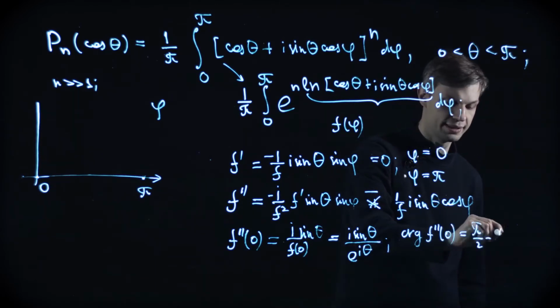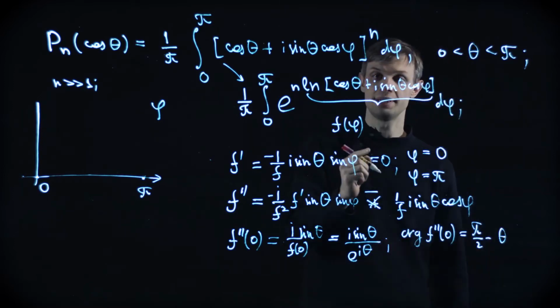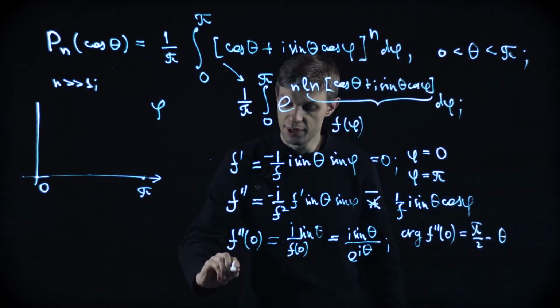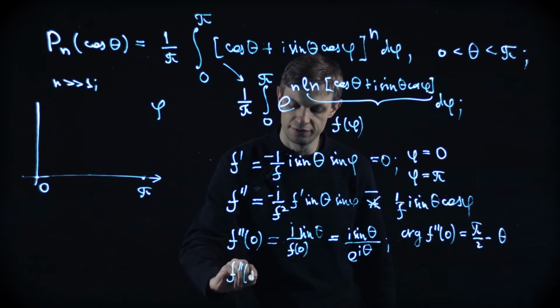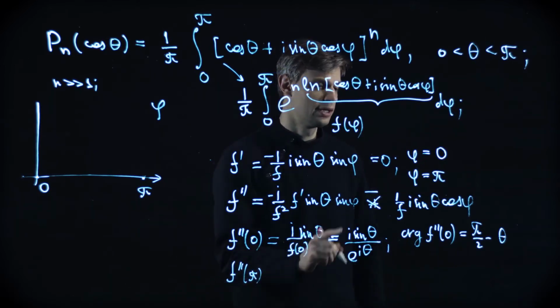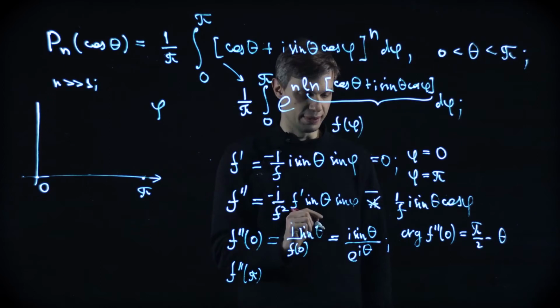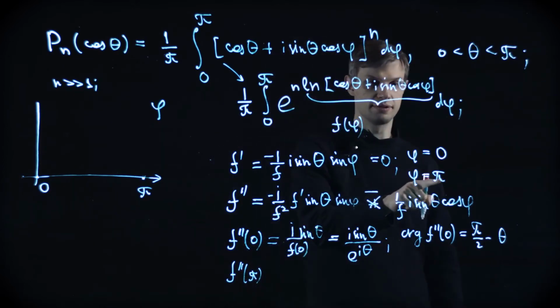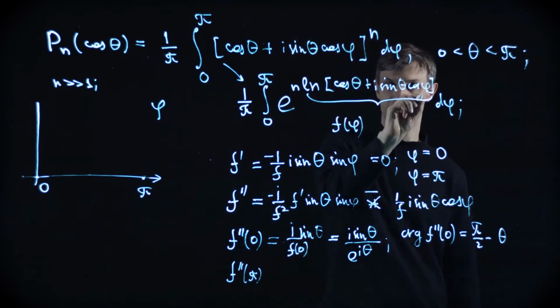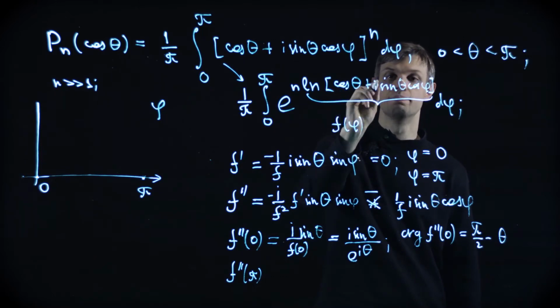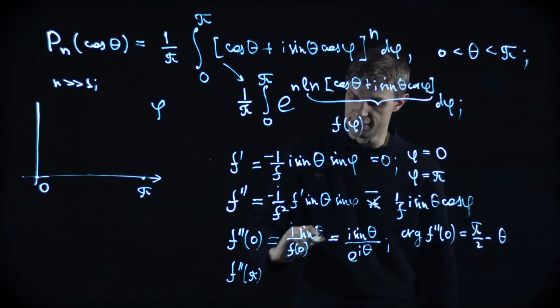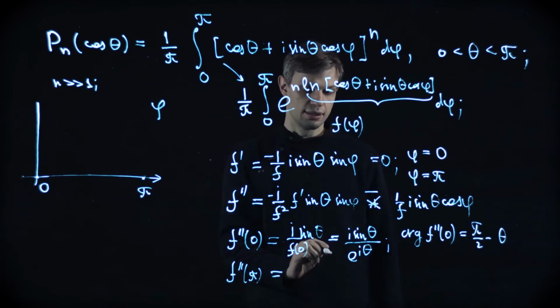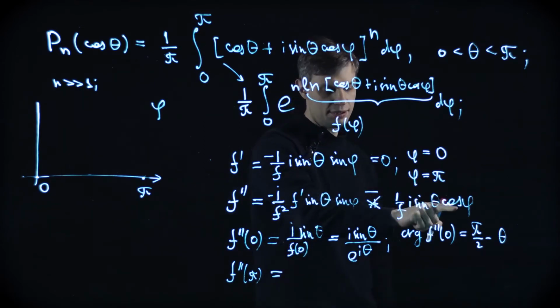minus theta. Well, in complete analogy, we find the argument of the second derivative at the endpoint of our segment. So we simply plug phi equal to pi into our f function, and we get cosine theta minus I sine theta. Okay, and we plug it in here as well.